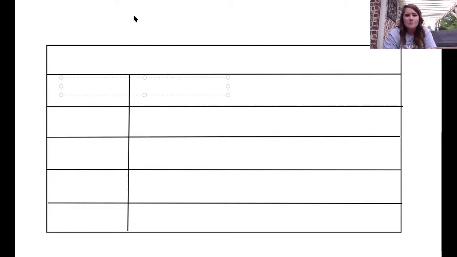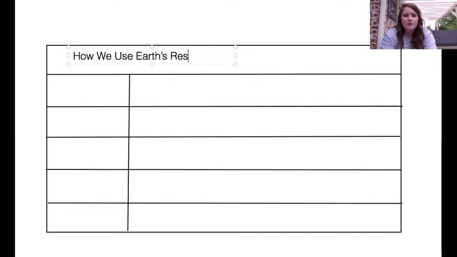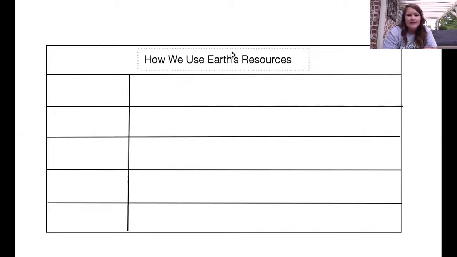So we're just going to do some of our opinions, and the title of our chart today is going to be how we use Earth's resources. So I'm going to do a text box, and hopefully it'll let me do it on this whiteboard. How we use Earth's resources. So that's going to be the title of my chart today.